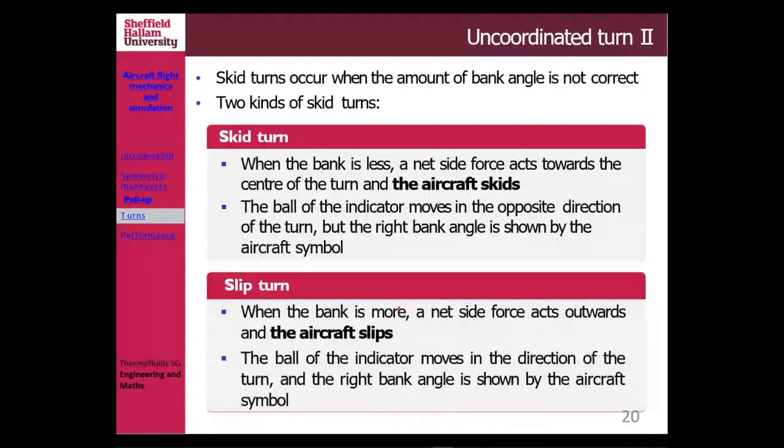Now the skid and the slip turn, the physical meaning of that we have already discussed. So skid happens when a net side force acts towards the center of the turn, and the aircraft will skid. So the ball in the turn and side slip indicator, which we have already discussed, indicates by moving in the opposite direction of the turn, but the right bank angle is shown by the aircraft symbol.